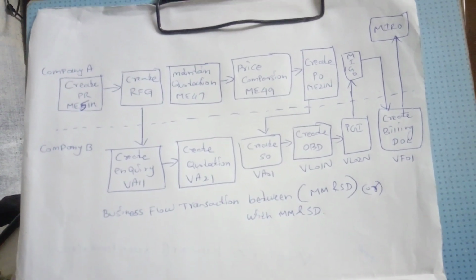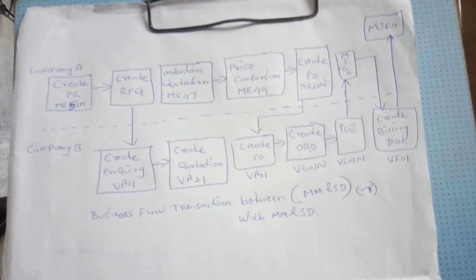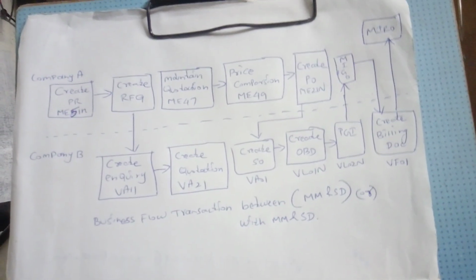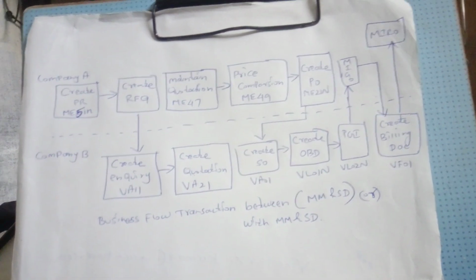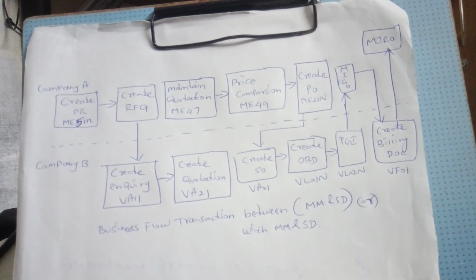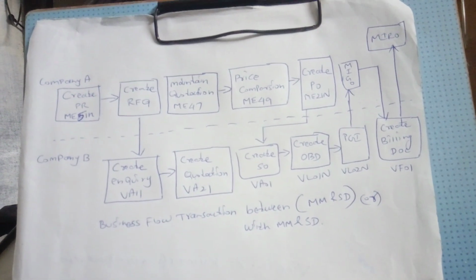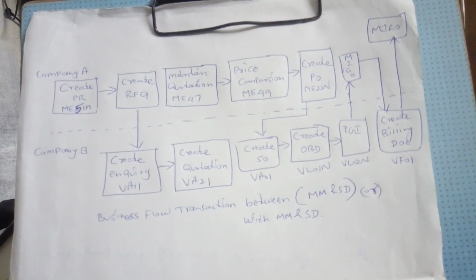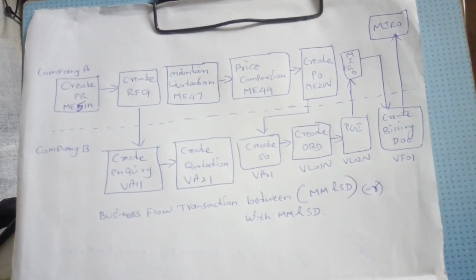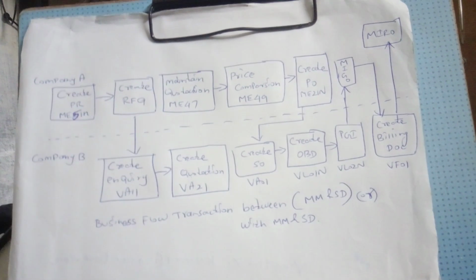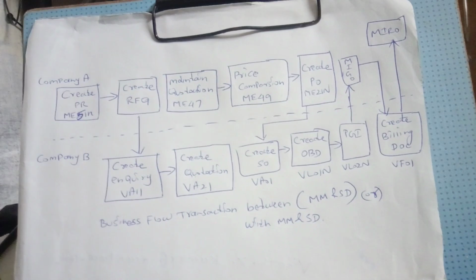So what they look for is which supplier will satisfy all the requirements demanded by company A. That supplier will be a lucky person to get a purchase order, I mean offer.